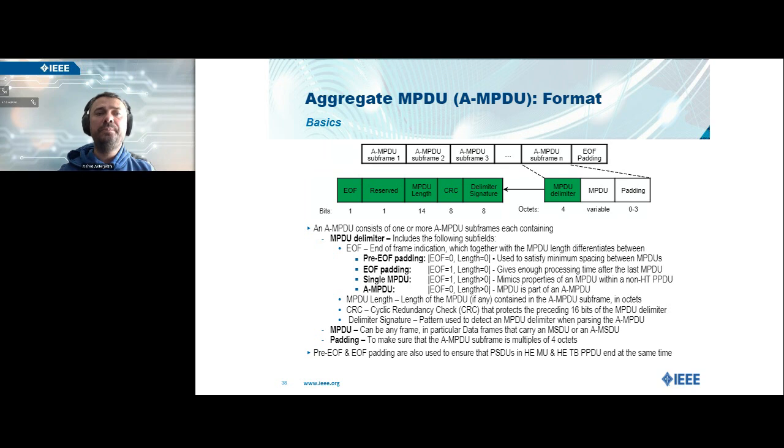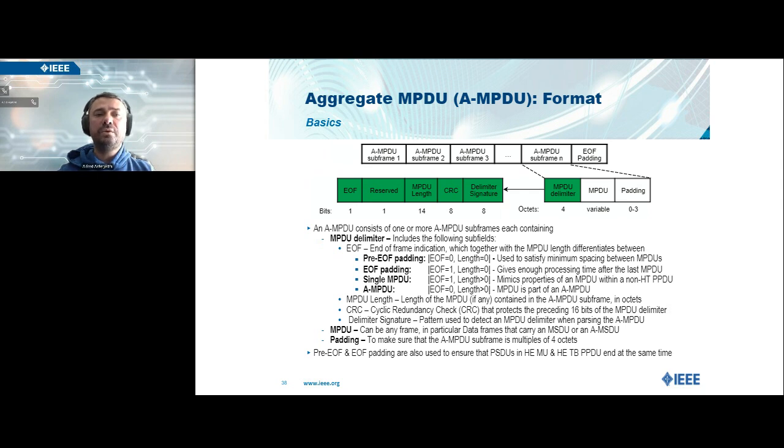You have the EOF field, which indicates whether this MPDU is a single MPDU, or whether it's part of a multiple-MPDU setting, or whether it's carrying essentially nothing, so the MPDU is absent. And we use that particular combination to identify pre-EOF padding. This pre-EOF padding is essentially used to satisfy the minimum spacing between MPDUs. When we discussed earlier the MPDU minimum spacing factor, this is how the station ensures there is enough separation between the MPDUs in the A-MPDU.